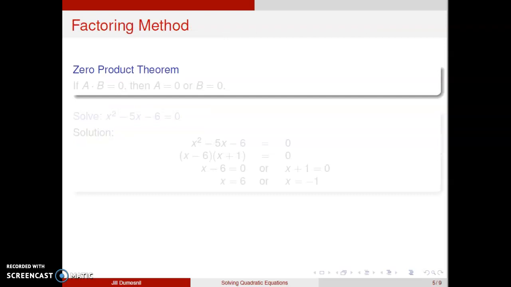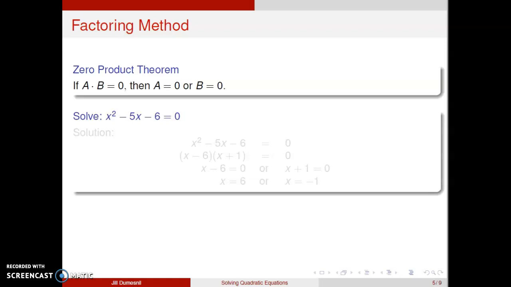The factoring method for solving quadratic equations uses the zero product theorem. This theorem says if a product equals 0, then at least one of its factors must be 0. Let's use this theorem to solve the equation x squared minus 5x minus 6 equals 0. We notice that the equation is already written in standard form. However, in this form, we have a sum equaling 0, which is not particularly helpful.